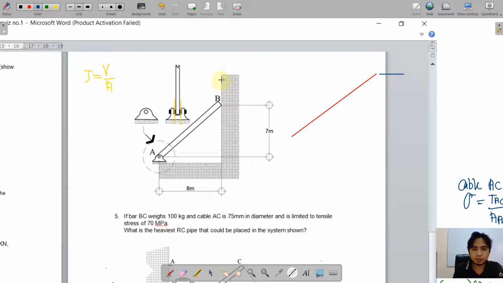So for example, this wall is a vertical one, therefore the reaction should be perpendicular, or it refers to the horizontal. Okay, so we have here the reaction at the wall B, perpendicular to the wall, and this one, the reaction at the pin support, we have a vertical, and we also have a horizontal reaction.